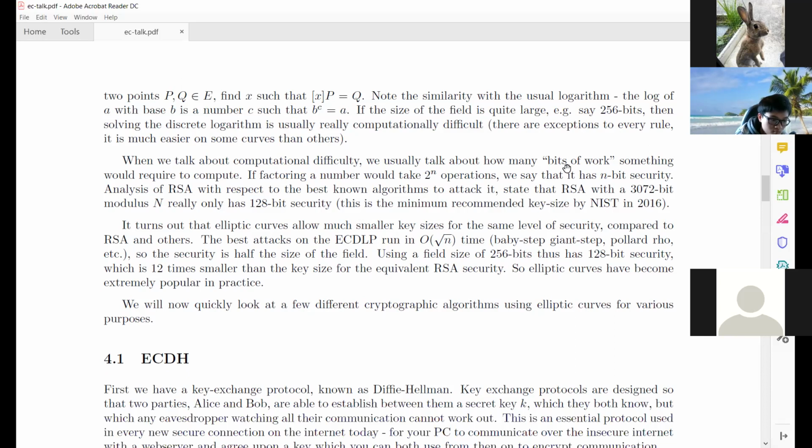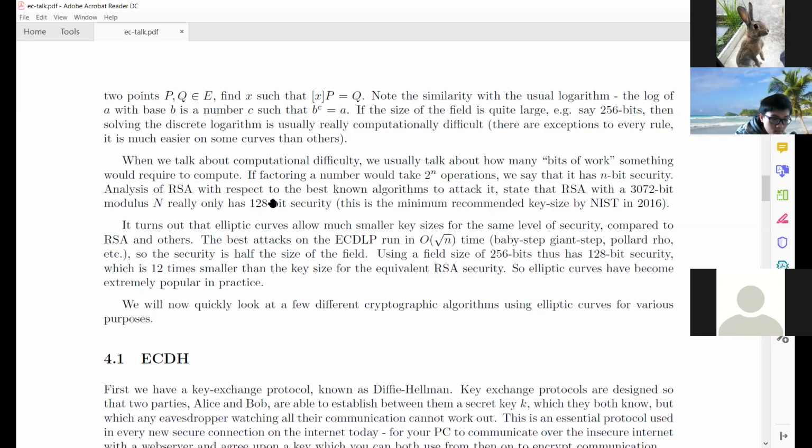So yeah, a quick aside on bits of work, if we're talking about security. Basically, if we say something has n-bit security, then we just mean that solving it would take 2 to the n operations. So for example, RSA with a 3072-bit modulus n, most standards would say that has about 128-bit security.